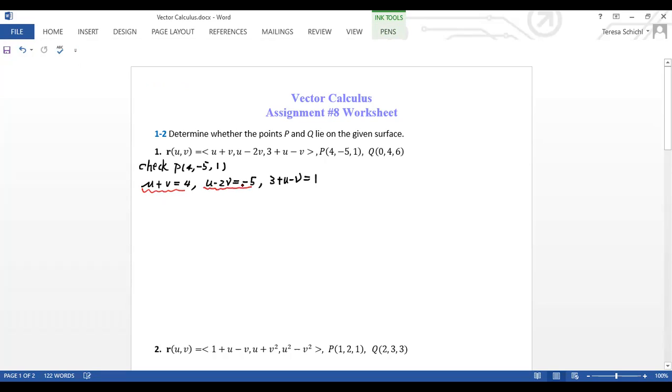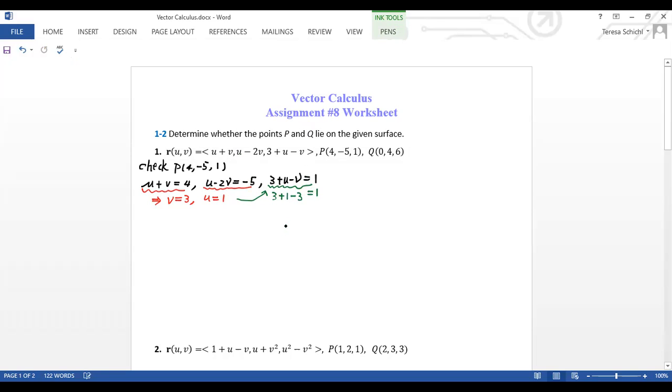We are solving these two equations, a system of equations with two variables. This will give you v equal to 3 and u equal to 1. After you solve these two, you plug this solution into the third one to see if it works. When u equals 1, this is 3 plus 1 minus 3 equals 1.